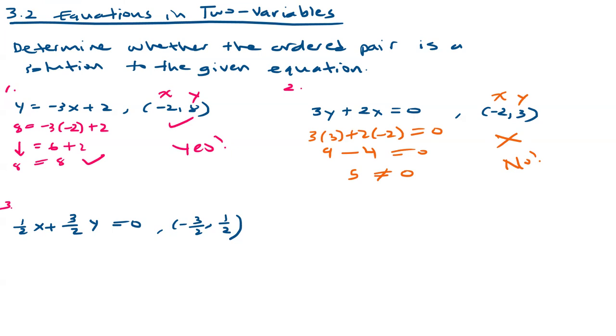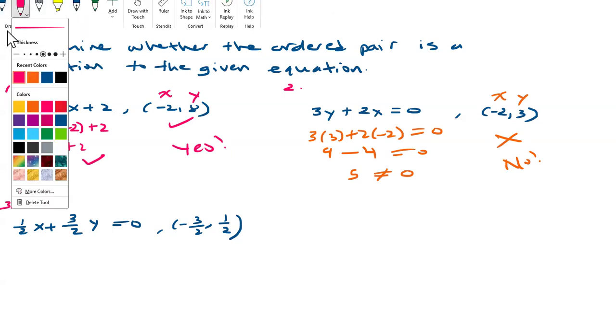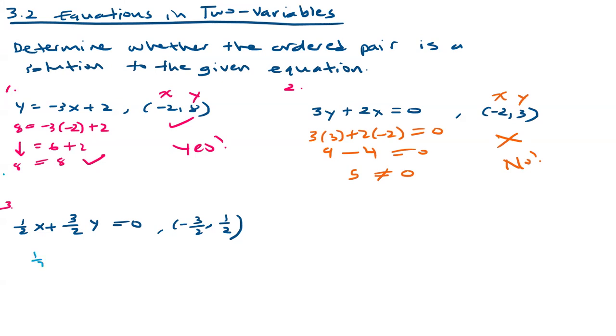And then let's look at the last one here. So we have 1/2 times, again, this is our x value and that's our y value. So we have negative 3/2 plus 3/2 times y, which is 1/2. So remember, when you multiply fractions, you multiply across.